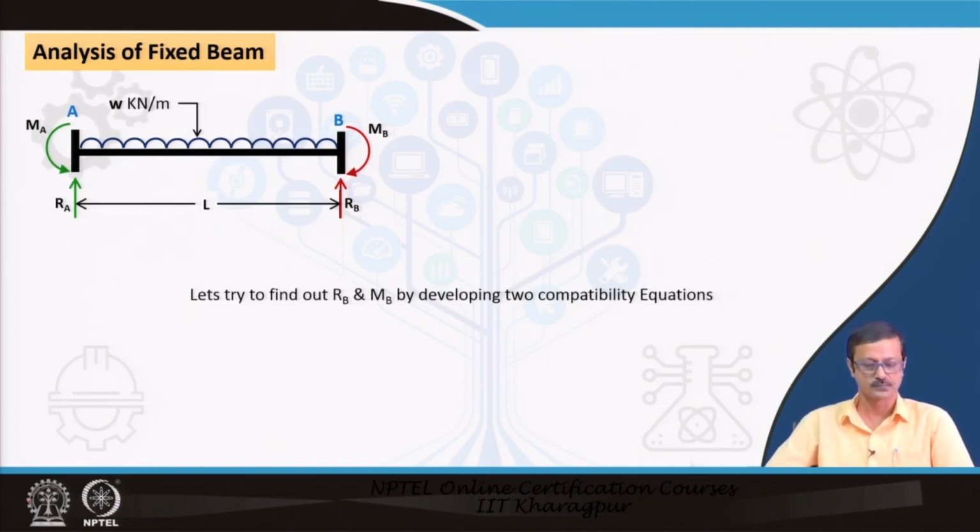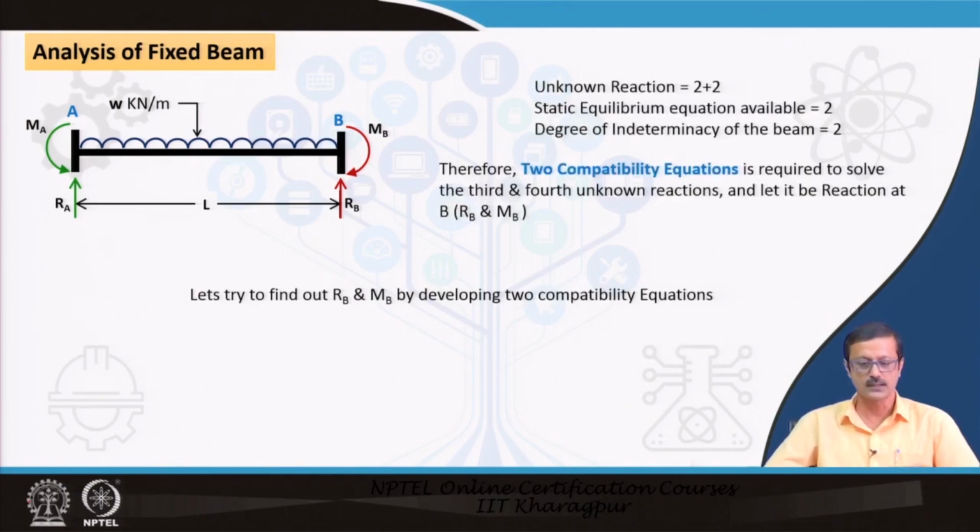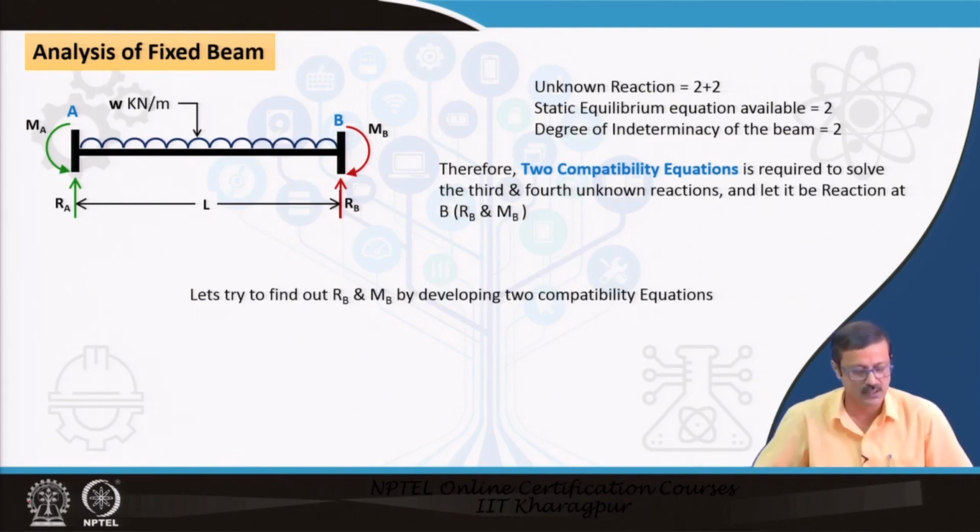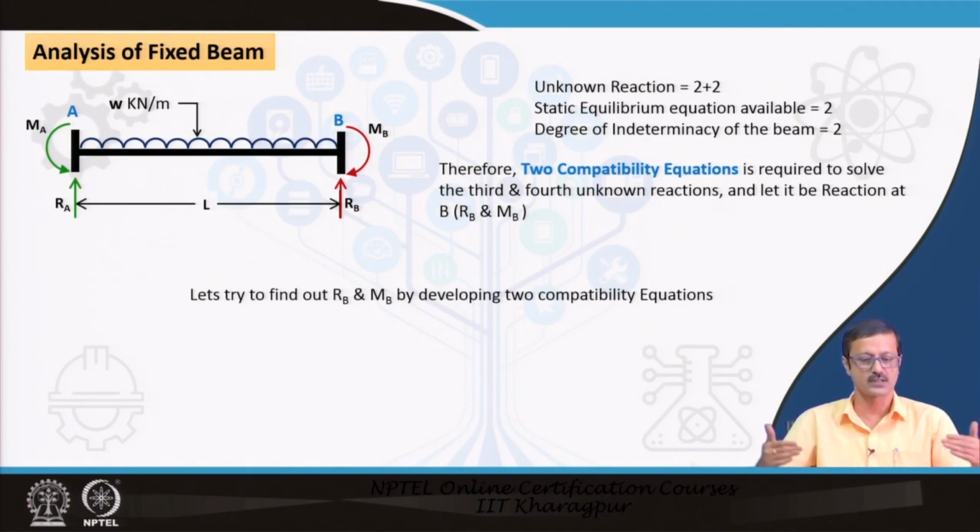Here, if you see, in this case we have three equations available for our equilibrium, but we can take only two, because we are not going to take sigma Fx equal to 0, as all the loads are gravity, or downward type of load. So, the unknown reactions are 2 plus 2, 4.